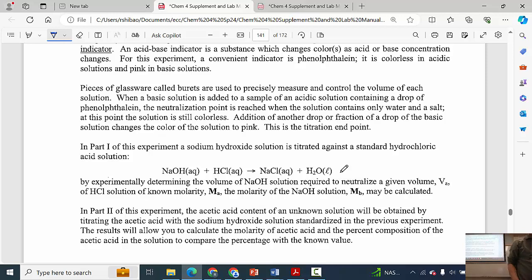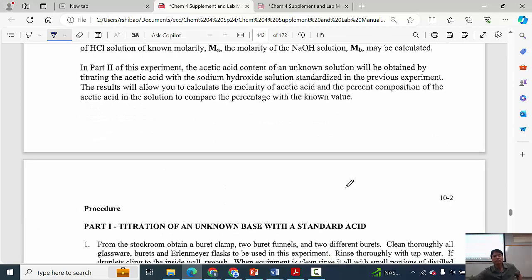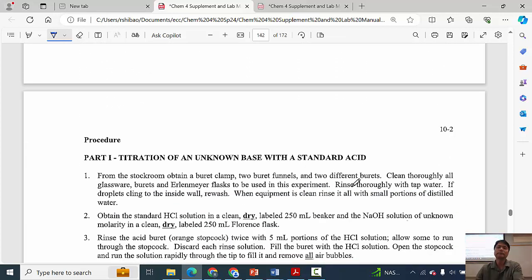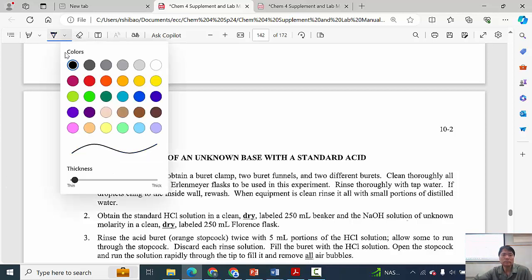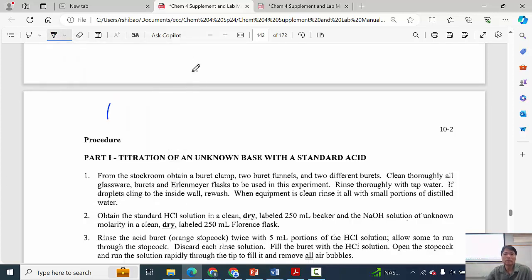And so let's first get a little refresher about reading the meniscus. Let me do that here. So when we fill it, we want to get V initial.